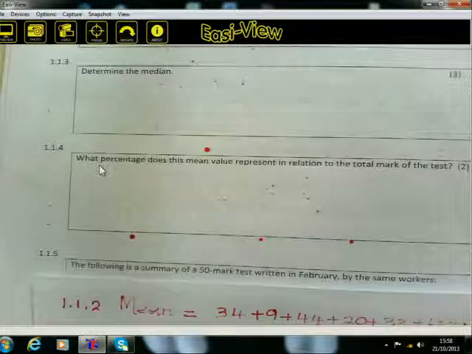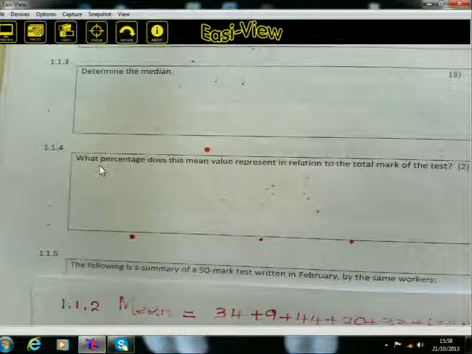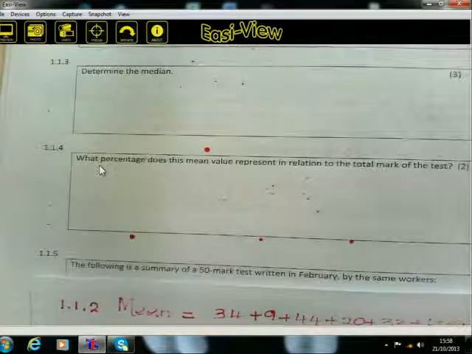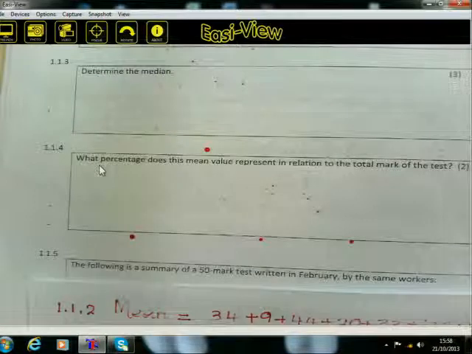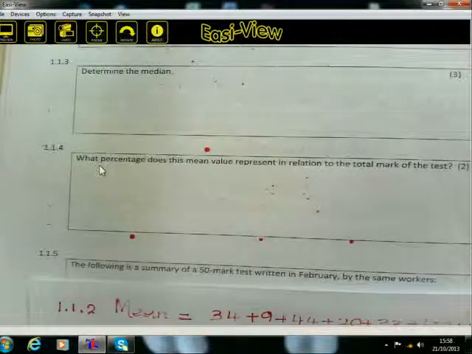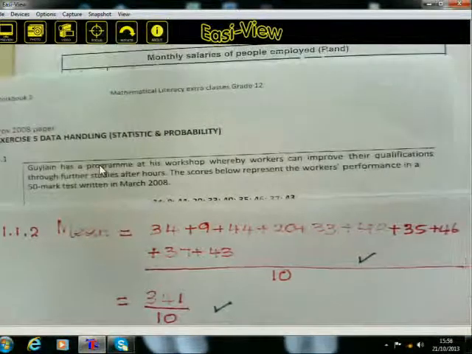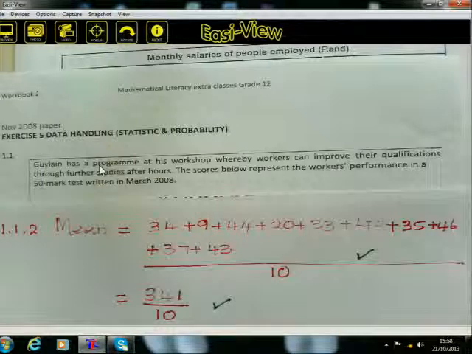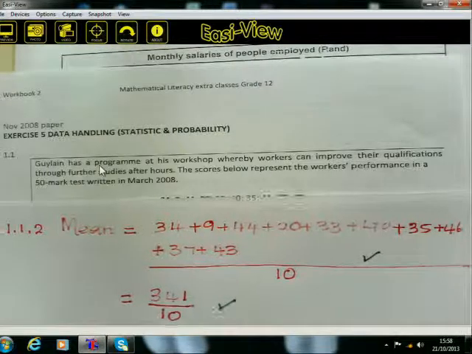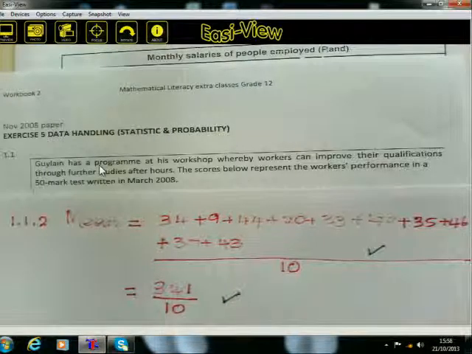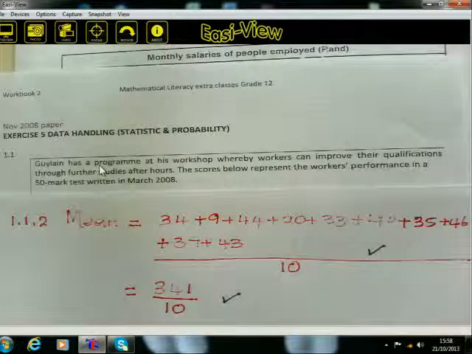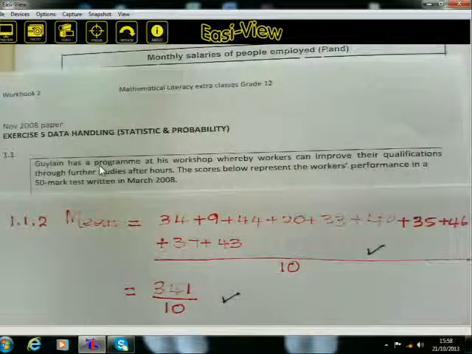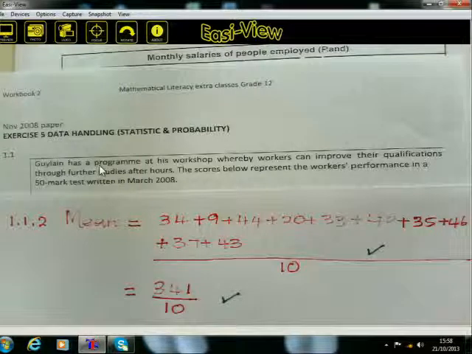Meaning that these workers wrote 2 tests. The first test was in February. As you go back to the given scenario, the test that they wrote secondly was in March. So they wrote a test in February and they wrote a test in March. So they've got 2 tests.